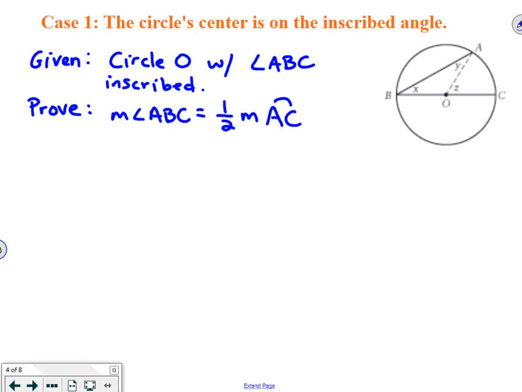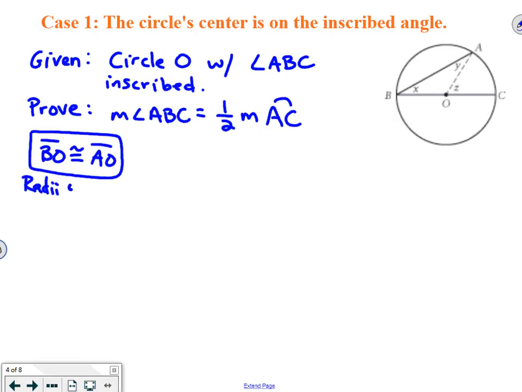Okay, yesterday's proofs we did two columns, today we'll do a flowchart. So we're going to start out with BO congruent to AO. And we know that that's true because radii of a circle are congruent.